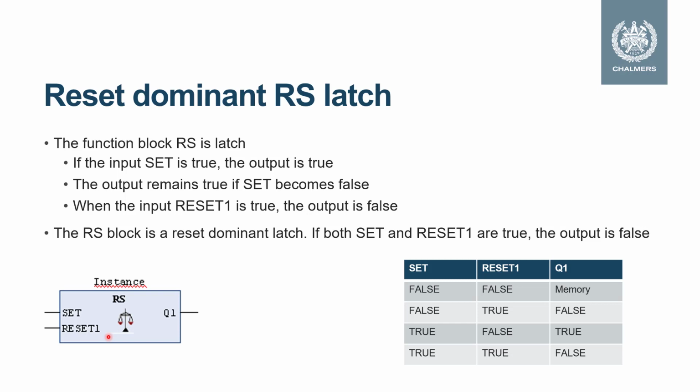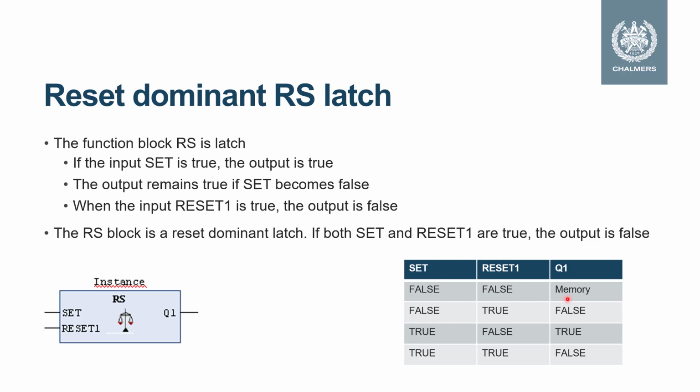This latch is reset dominant because if both set and reset are true at the same time, the output will be false. We can see this in the table here, where we have all possible values of set and reset. If both set and reset are false, the latch remembers the value of the output it had from before.